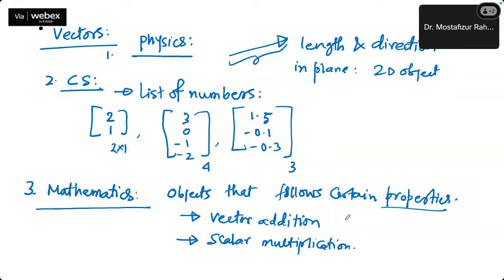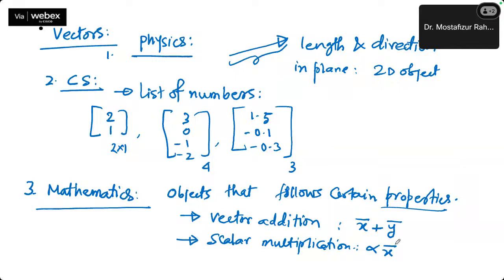Okay. So for example, if two mathematical objects are x and y, then I should be able to do the operation x plus y. And if there is some coefficient alpha, I should be able to multiply this alpha with these objects x or y.